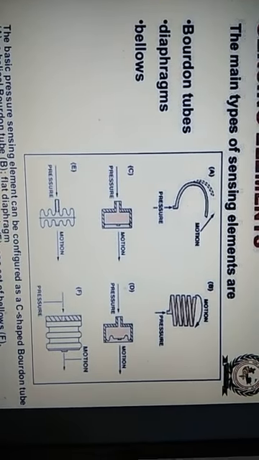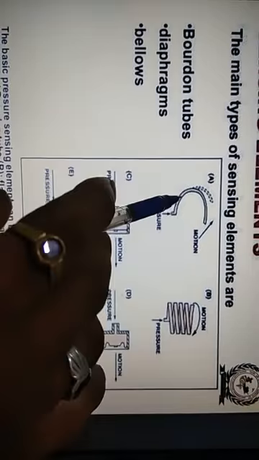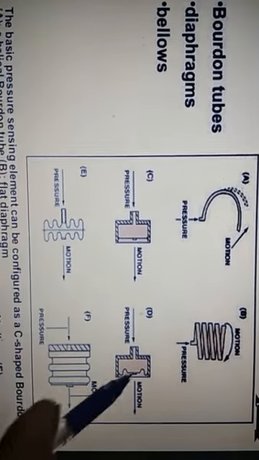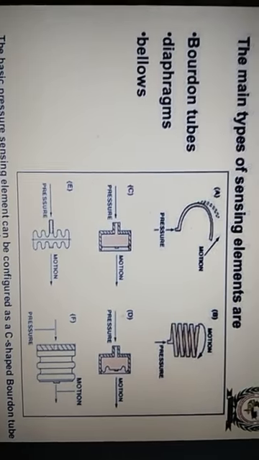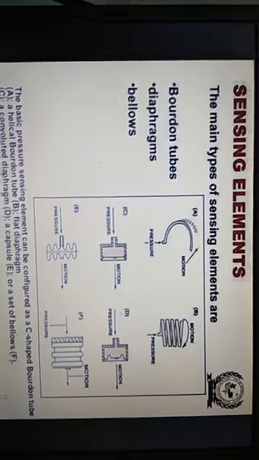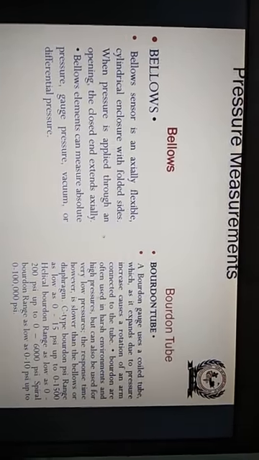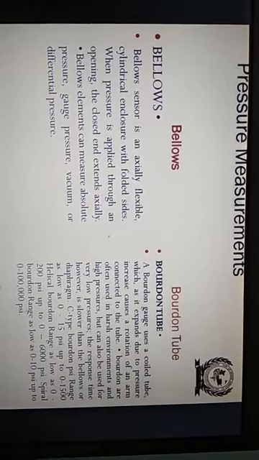These are the various sensors. This is the C-type Bourdon tube, helical Bourdon tube. These are the diaphragms, and these are the bellows, which we have already seen in the previous video. And then the operation of the bellows as well as the operation of the Bourdon tube.